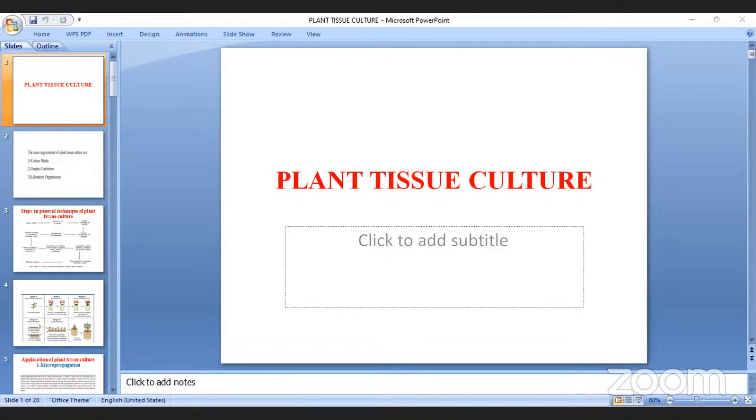So let's see tissue culture. What is tissue culture? Tissue culture is the in vitro culture of an explant.